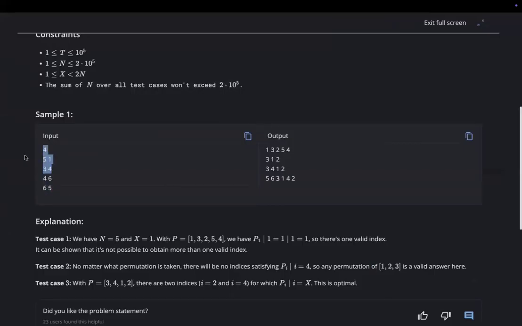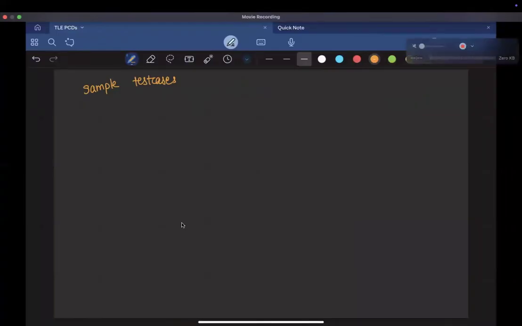The other two did not look very promising because in one of them, n is 3, so you will never have the fourth bit set. If x is equal to 4, you are not having any index for which p_i bitwise OR i is x. And for the second case, there is only one bit. So I took the example of n equal to 6 and x equal to 5 because it looked like a good example to me. Not too complicated, not too simple.